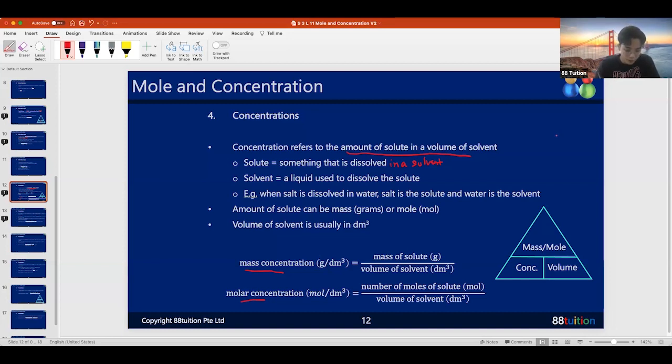All right. Essentially, mass concentration, if we look at the units, is in grams per dm cubed. That's because to get the mass concentration, we divide the mass of the solute that is dissolved over the volume of solvent that is being used.